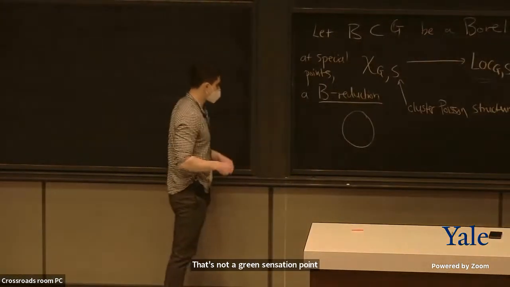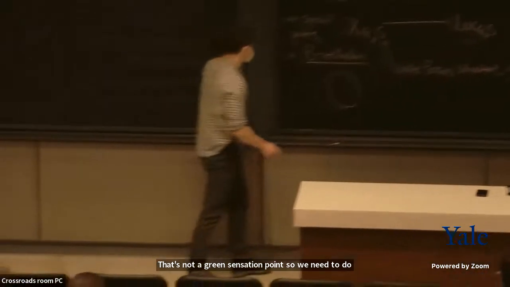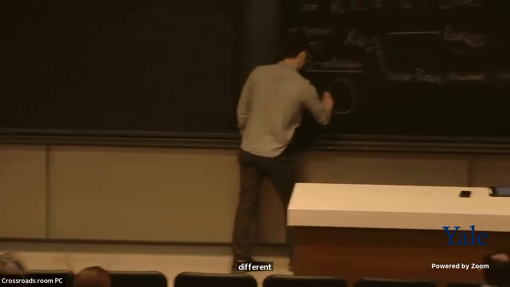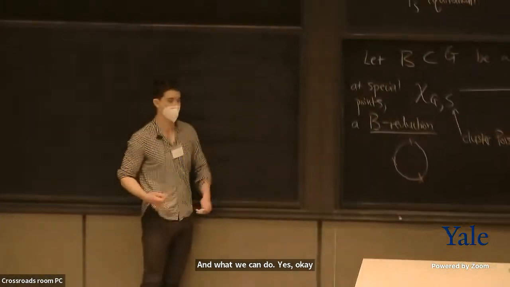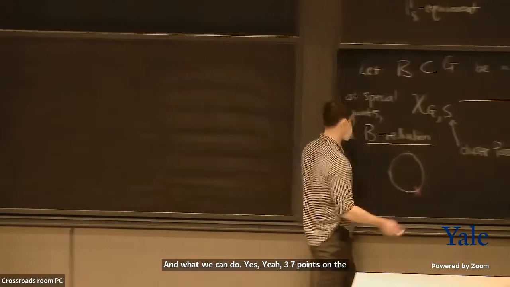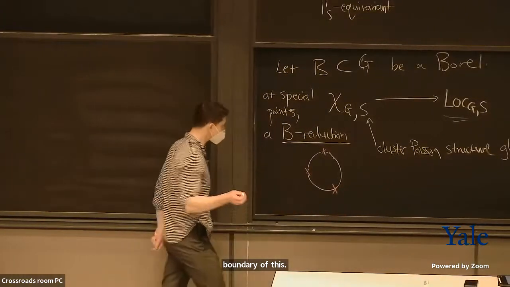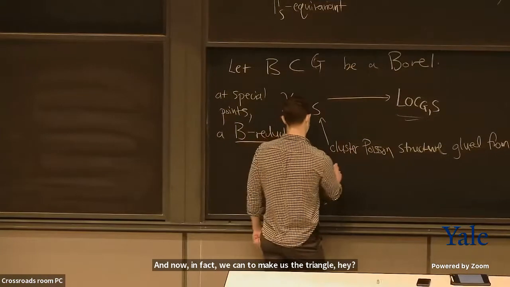So we need to do something a little bit different. What we can do is add 3 special points on the boundary of this disk, to make a sort of triangle.